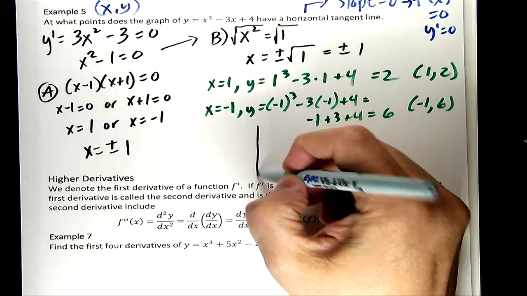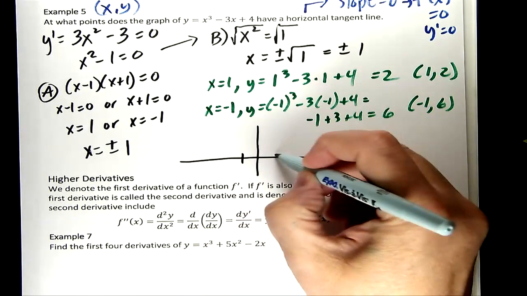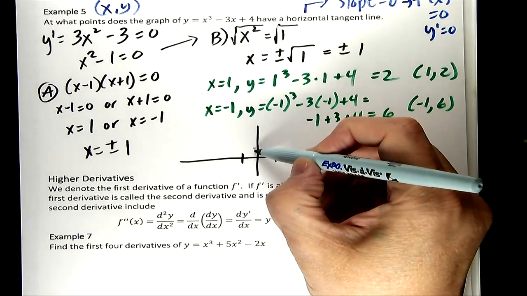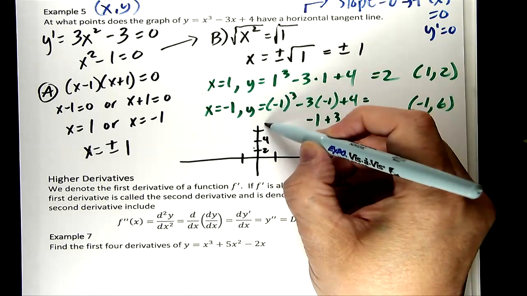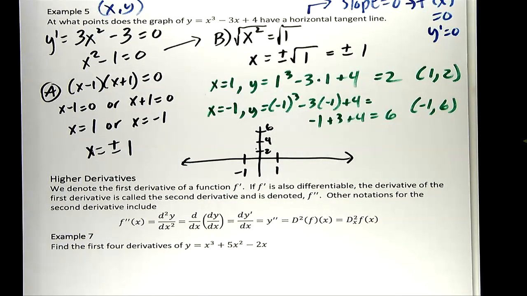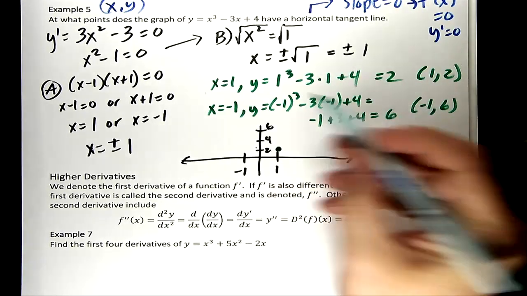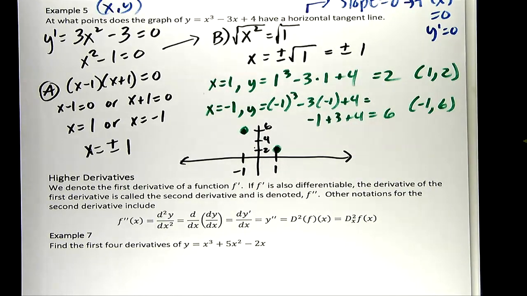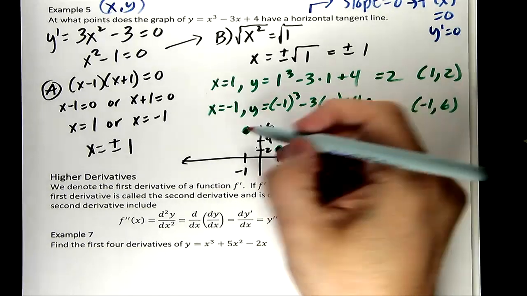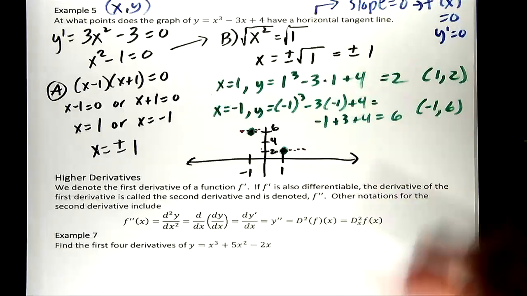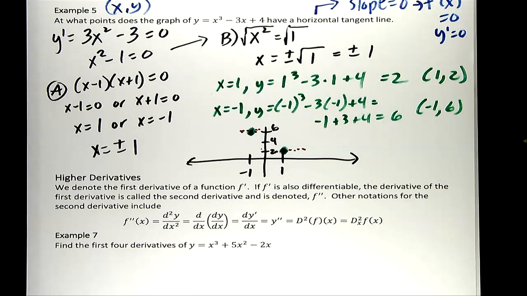We will see in later sections what's going on with that. I'm going to put those points in green because that's how we calculate them: 1, 2, and -1, 6. A horizontal tangent line means like that, and we are going to see that the graph does something like this.